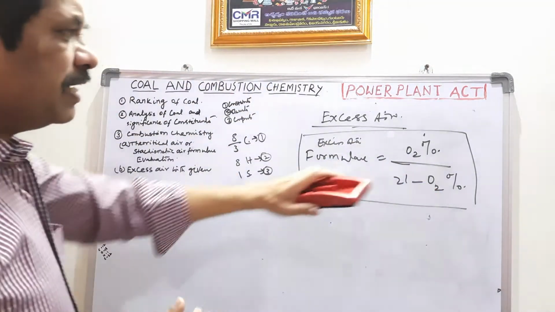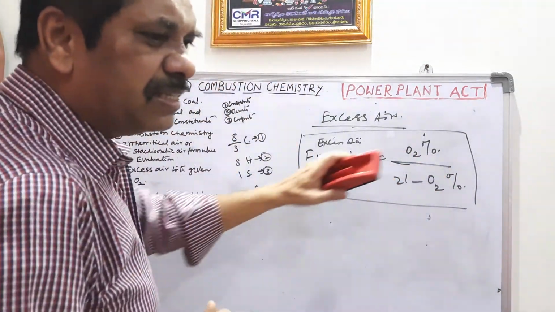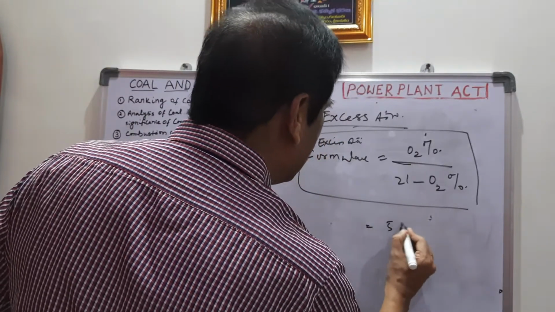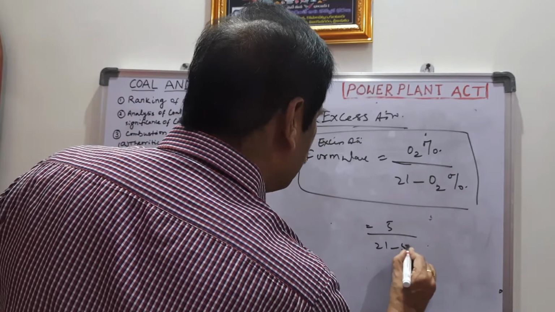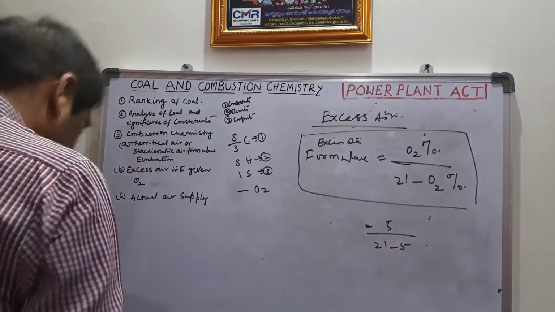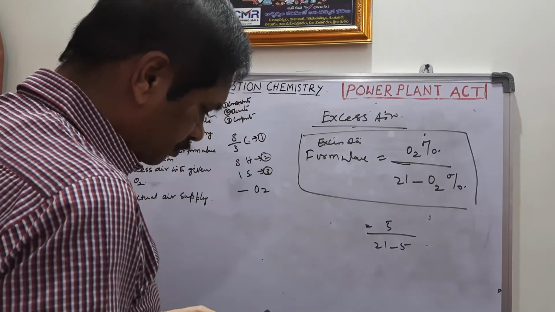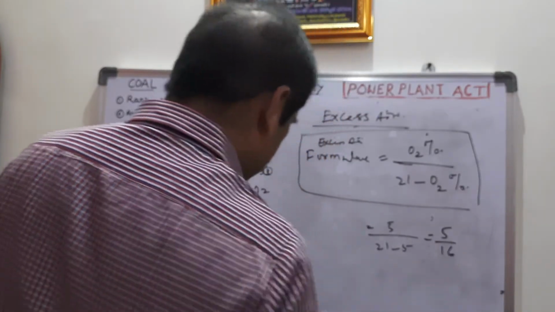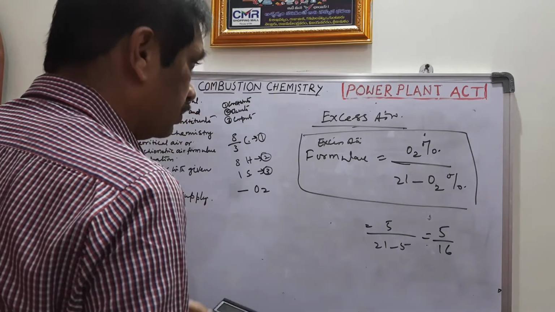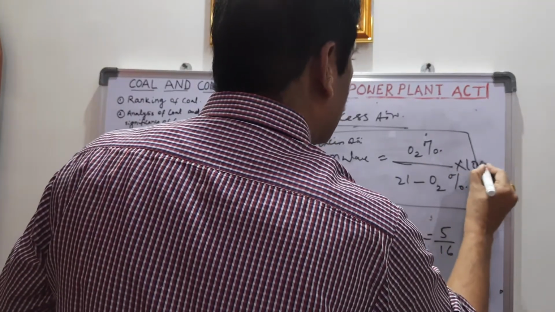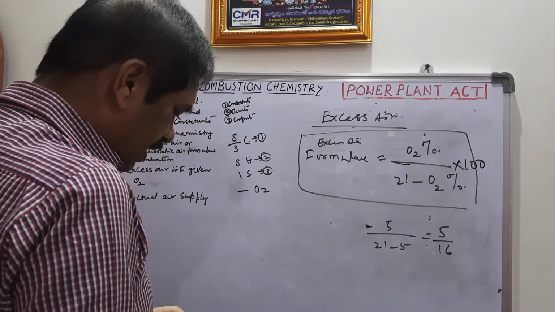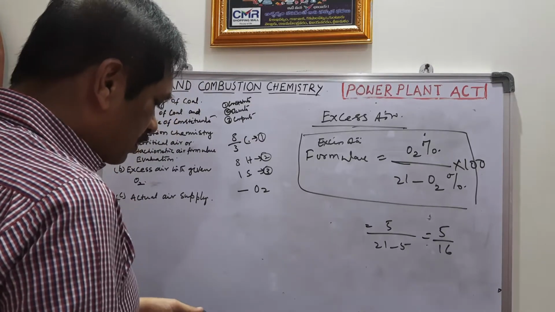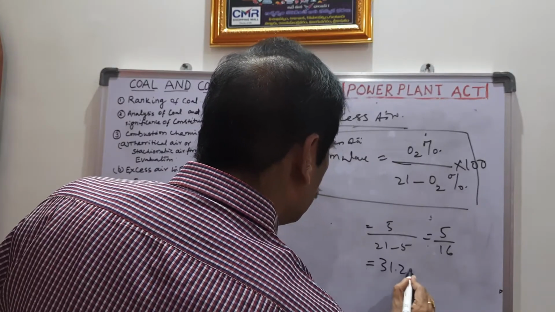Suppose there is 5% oxygen in the oxygen analysis. How are you going to calculate the excess air? 5% divided by 21 minus 5 gives 5 divided by 16, into 100. 5 divided by 16 gives 0.3125, into 100, it gives 31.25%.